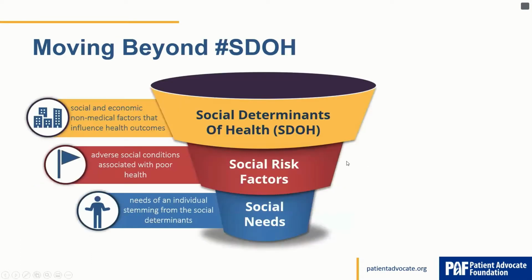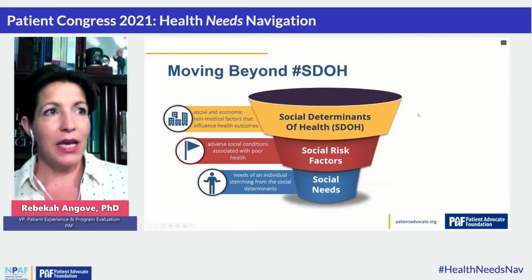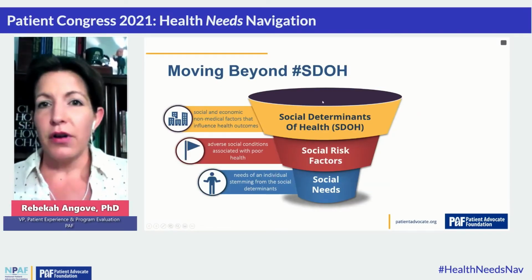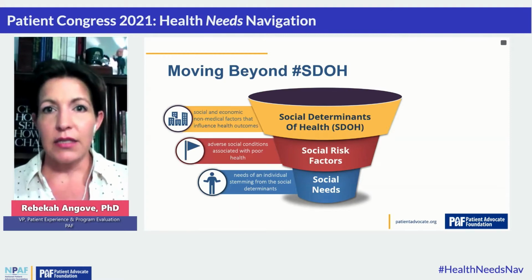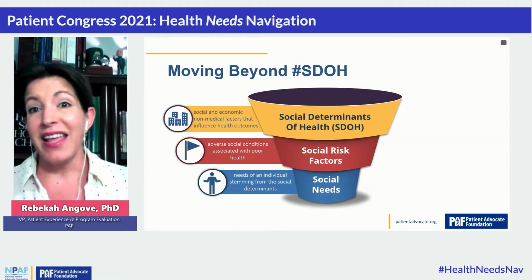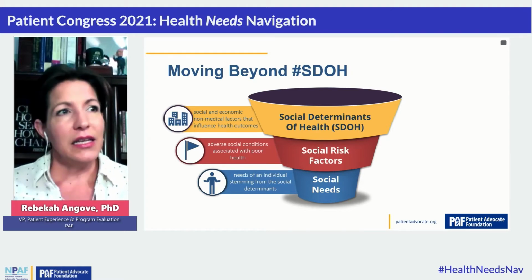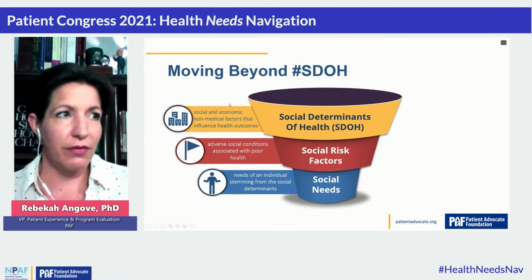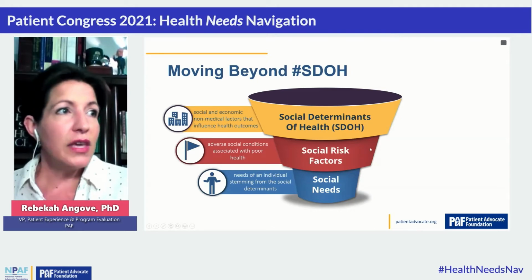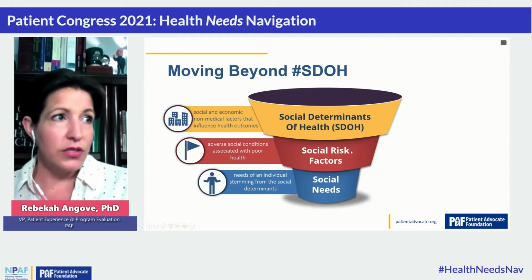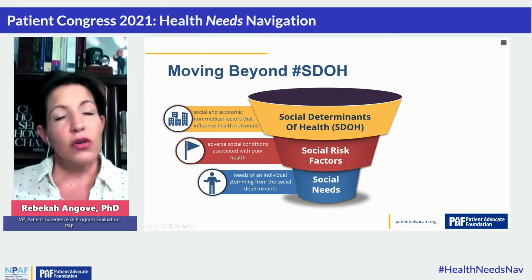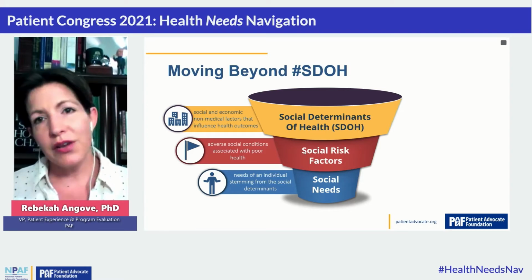Now, it gets a little more complicated, because social determinants of health are at a community or state or even national level. They lead to social risk factors, which are social conditions that are associated with poor health.